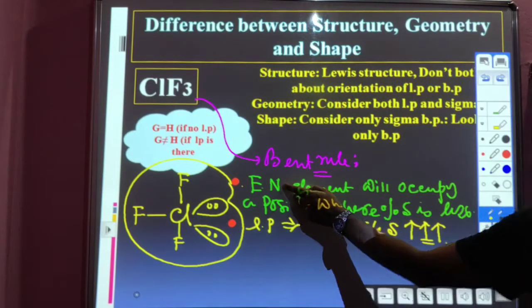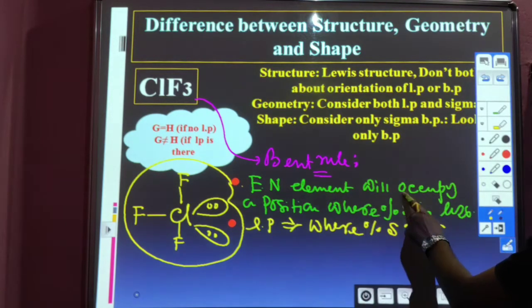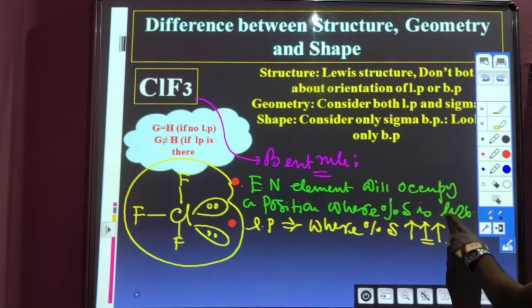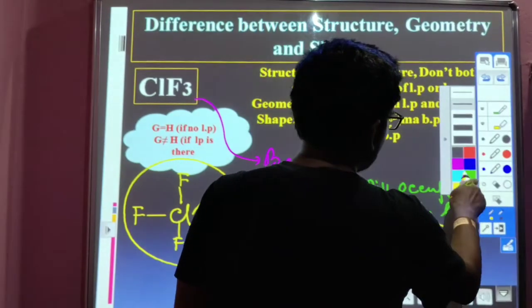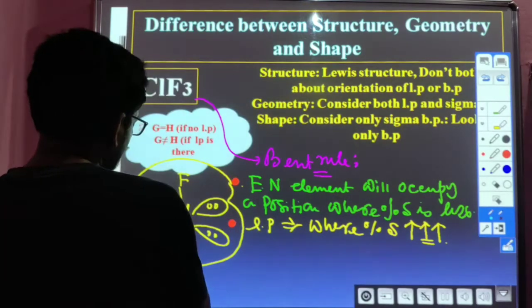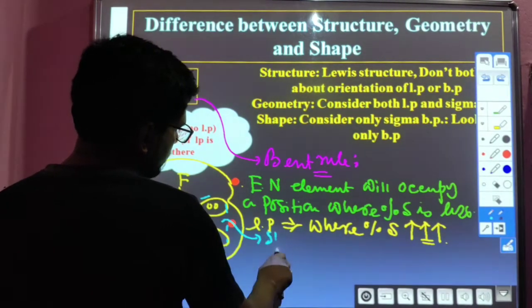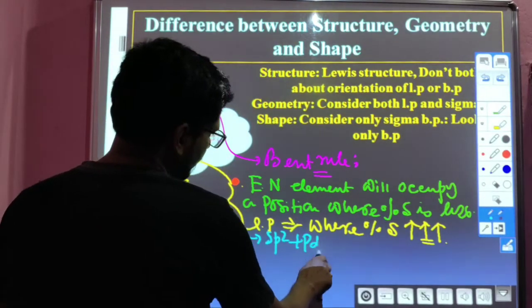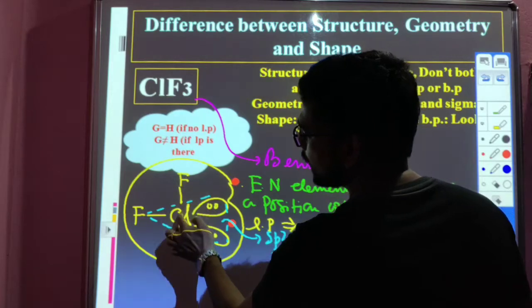See what the Bent rule says: the electronegative element will occupy a position where the percentage of s character is less. Actually, in this hybridization, later we will discuss, although it is sp3d, basically this is sp2 plus pd. This is sp2 and this one is pd.